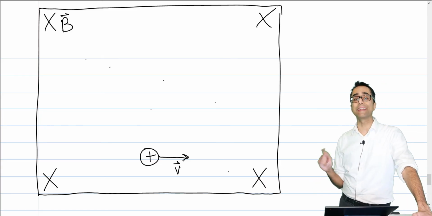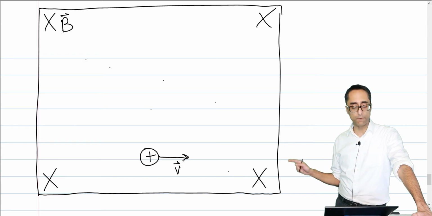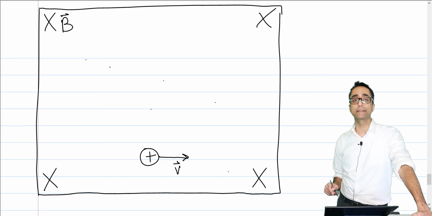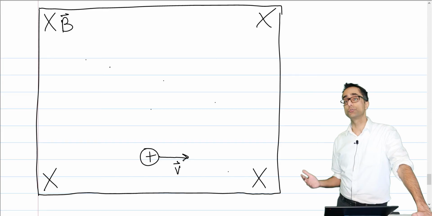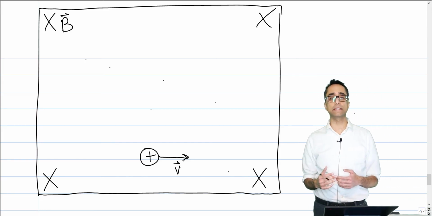Could everybody use the right-hand rule now and figure out the direction of the force for that v? You could do it to the screen, you could draw it on your piece of paper, just be a little bit consistent, okay?